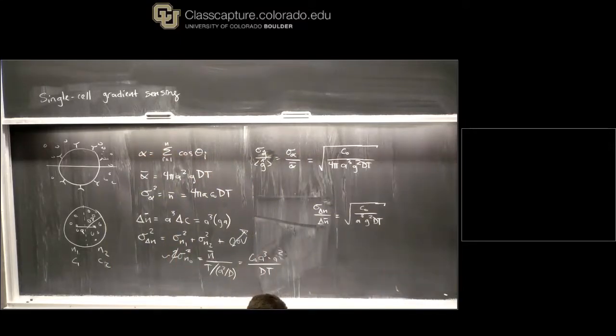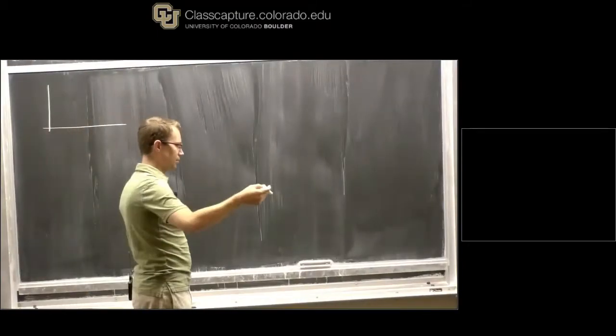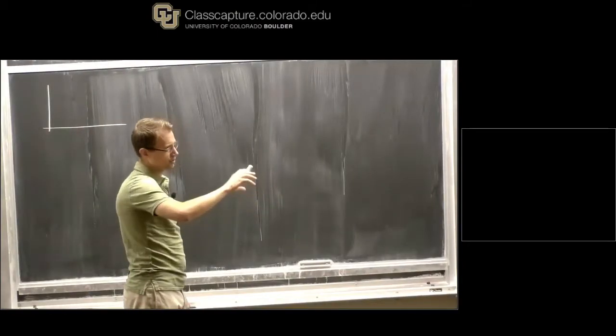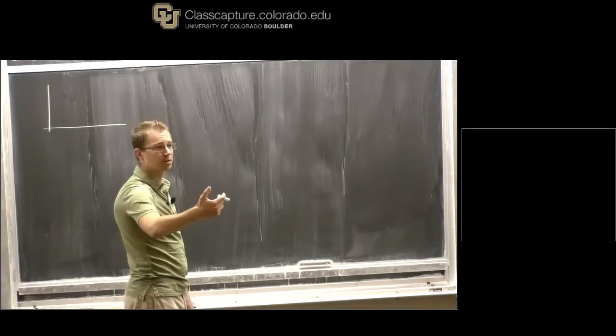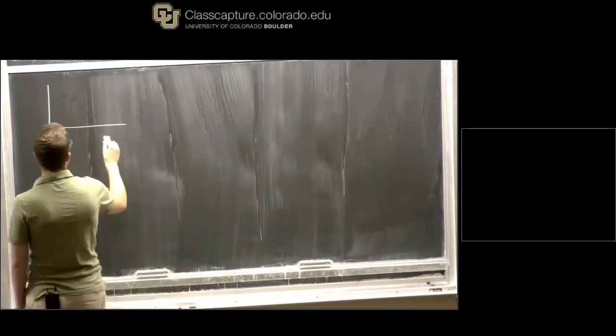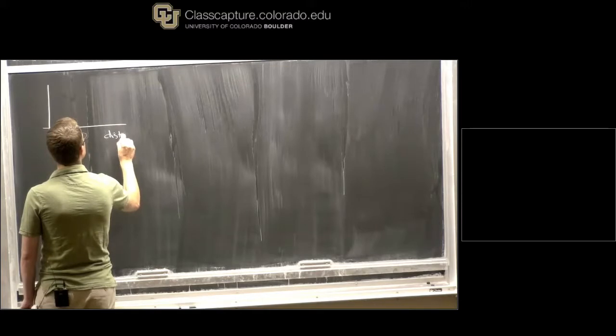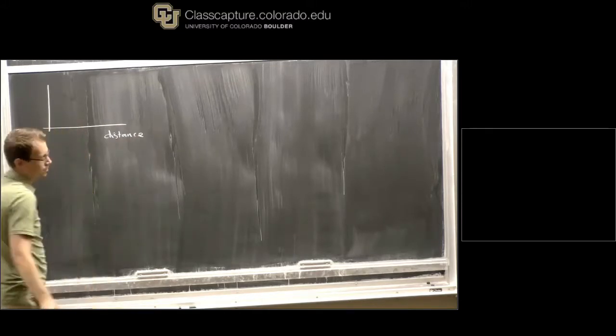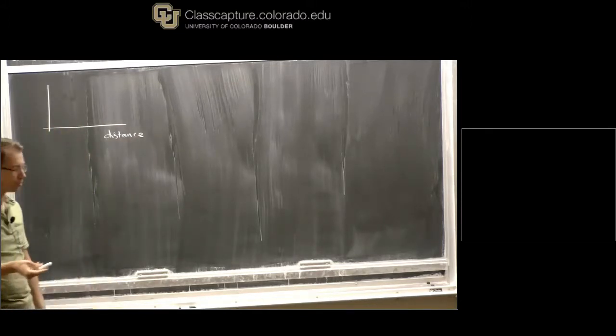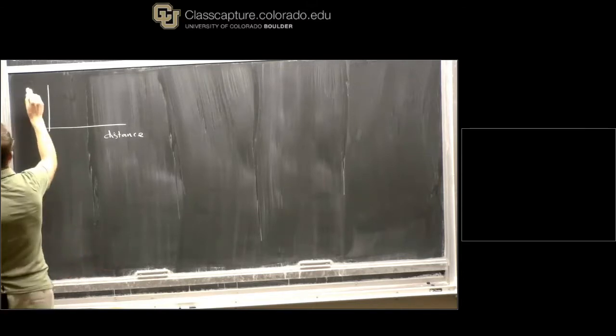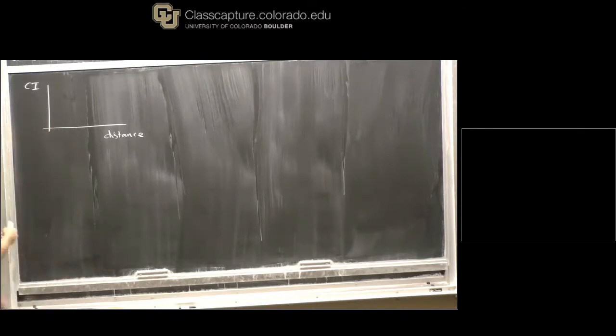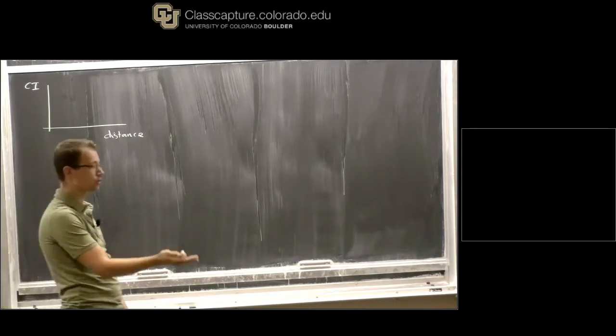I motivated for you these experiments where the amoeba is tracked at a certain distance from the source of the gradient, and the precision with which it moves is summarized by a statistic called the Chemotactic Index, which is simply the average of the cosine of the angle between the right direction and its chosen direction.